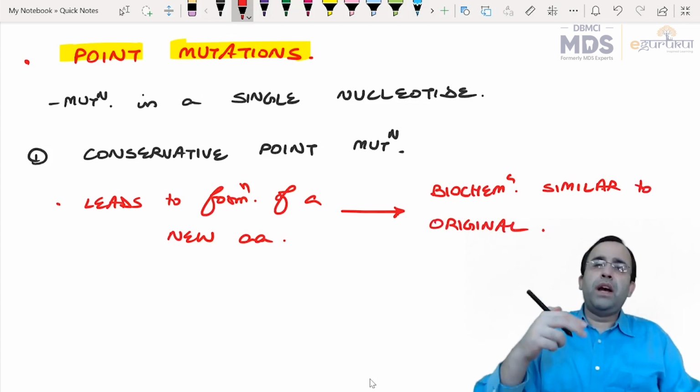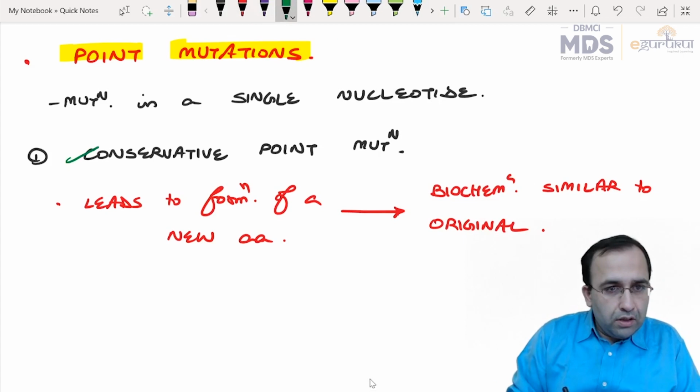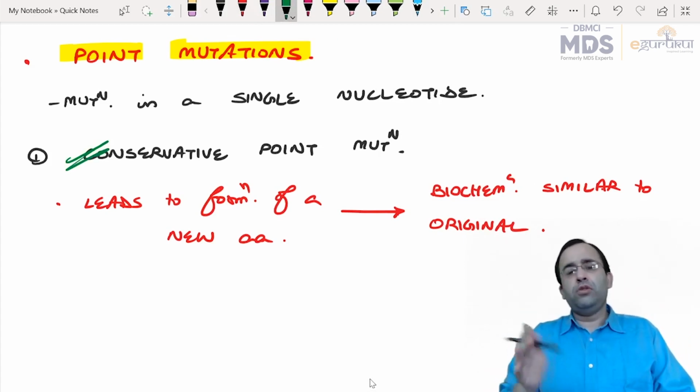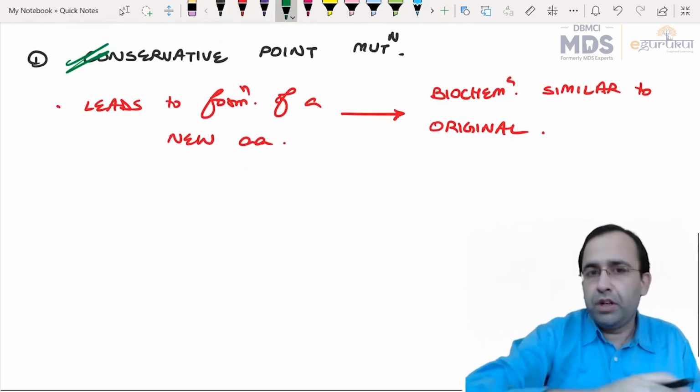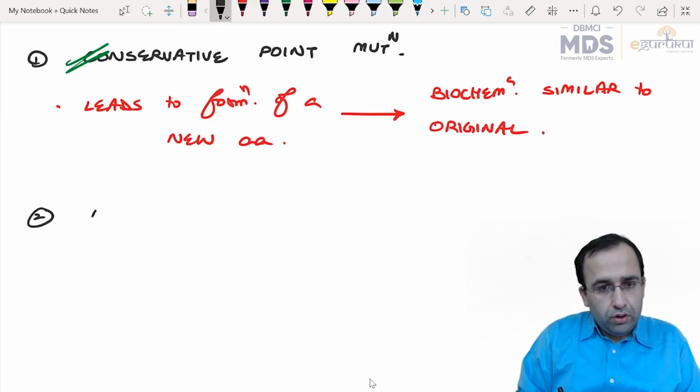That is, the biochemical function is conserved. This is a conservative point mutation. Next is a non-conservative point mutation.